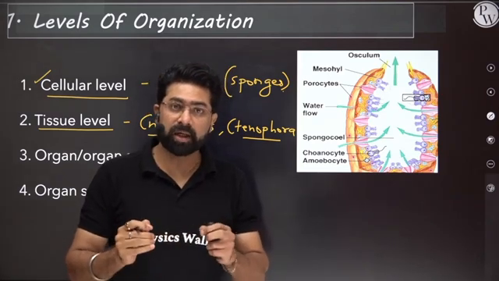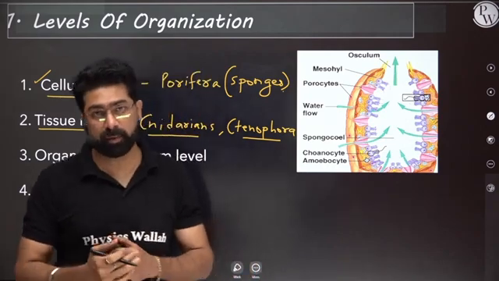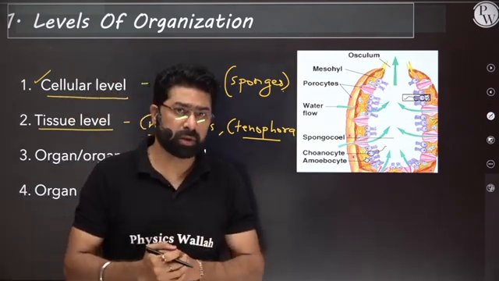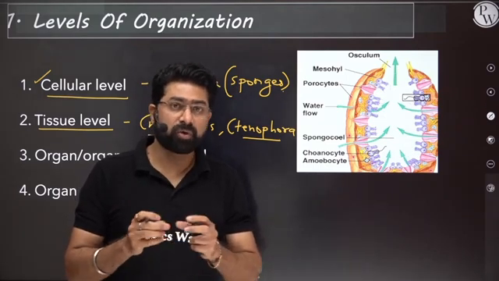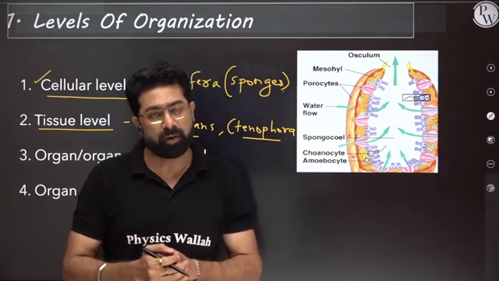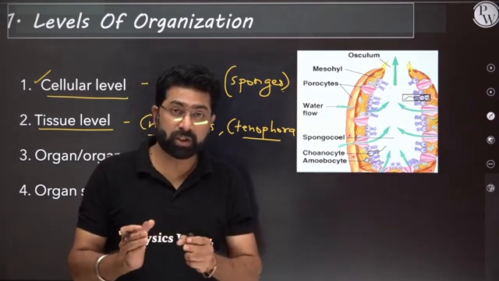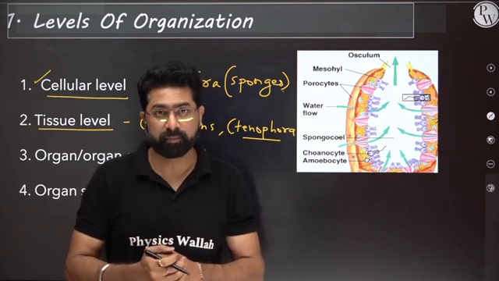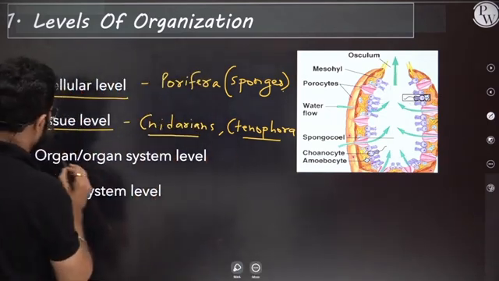All functions of the body are performed by some specialized tissues. Like if I talk about muscular tissue, they have epitheliomuscular cells which perform contraction in Hydra. So that means only the tissue level is present. The tissues are coordinating with each other. Got it? So examples of the phyla are Cnidaria and Ctenophora.